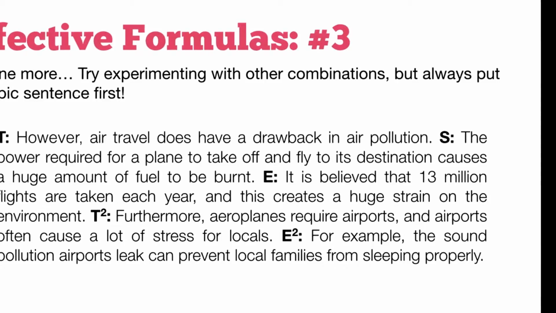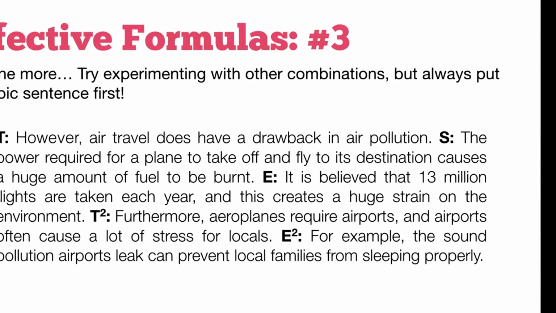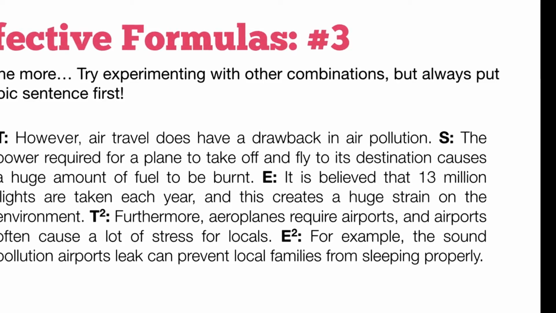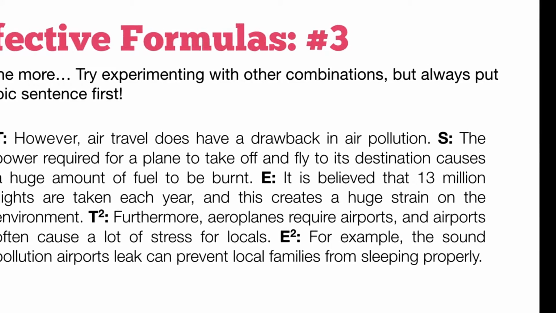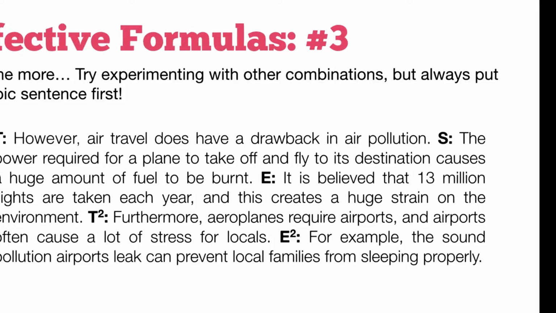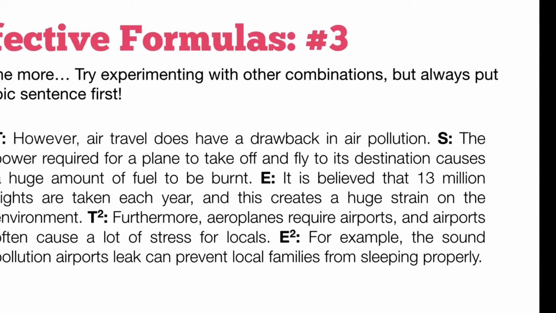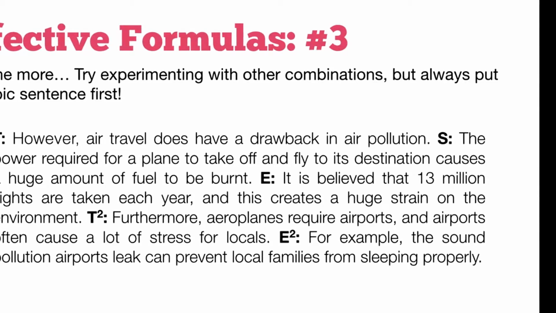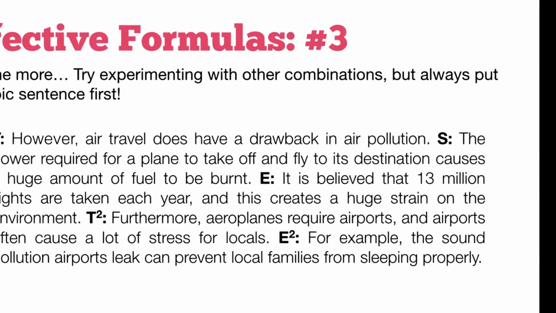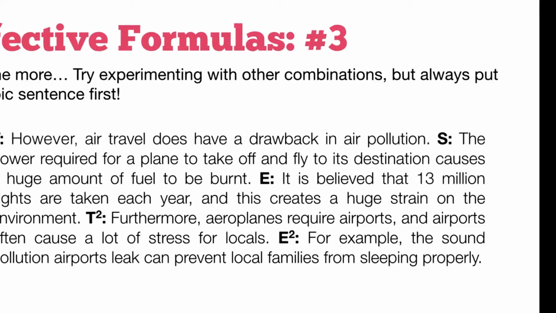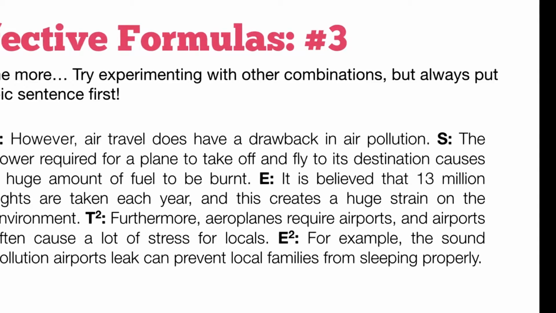Now we follow that up with another topic sentence which links back to the first one. Quite similar, so we're talking about drawbacks, and here's another drawback. Furthermore, aeroplanes require airports, and airports often cause a lot of stress for locals. An example of this: for example, the sound pollution airports leak can prevent local families from sleeping properly.